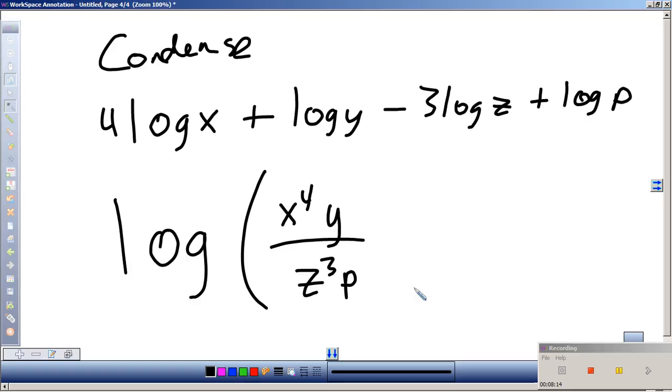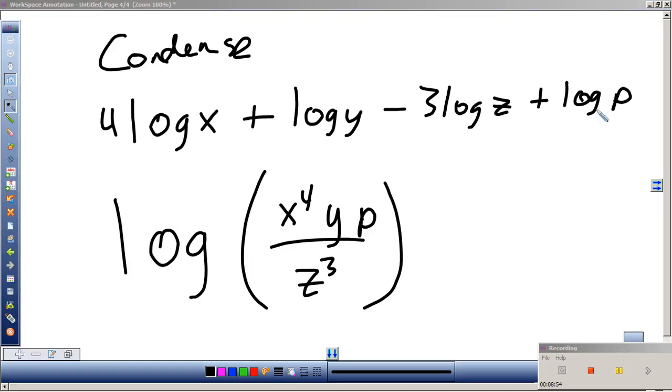Okay, you were correct, this piece goes on top. The reason I wrote this out specifically was to see if anybody would put it on the bottom.